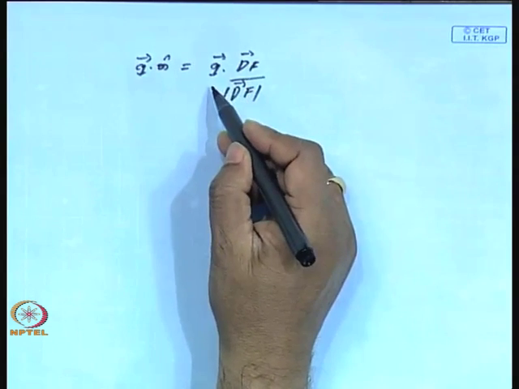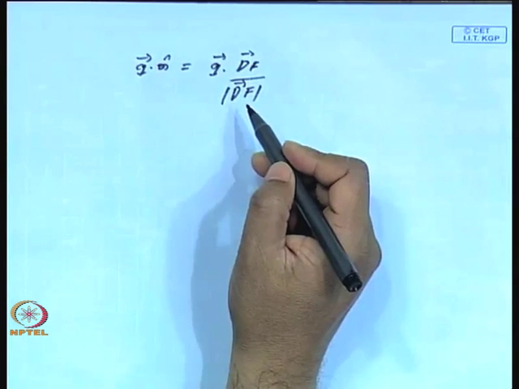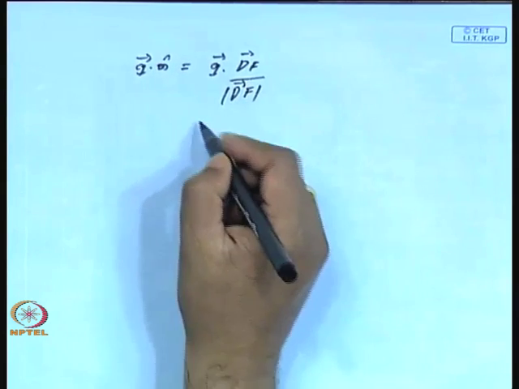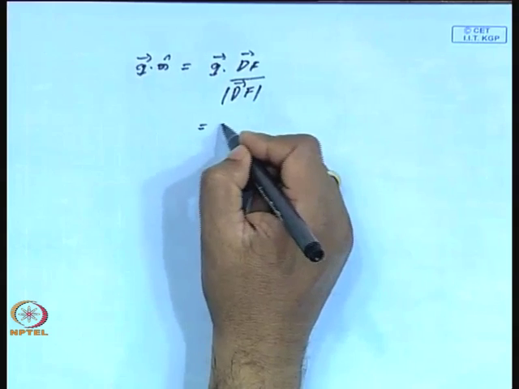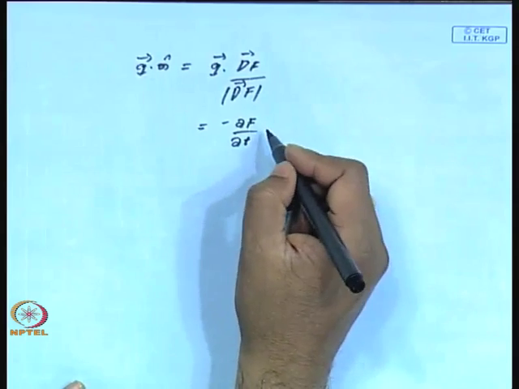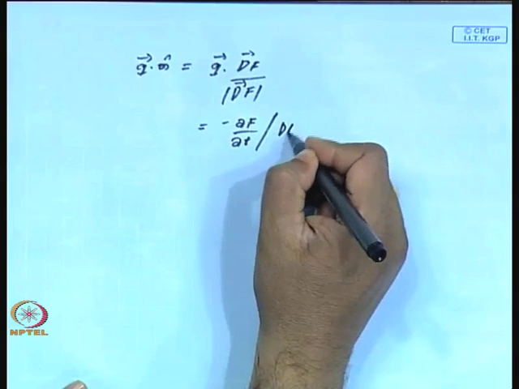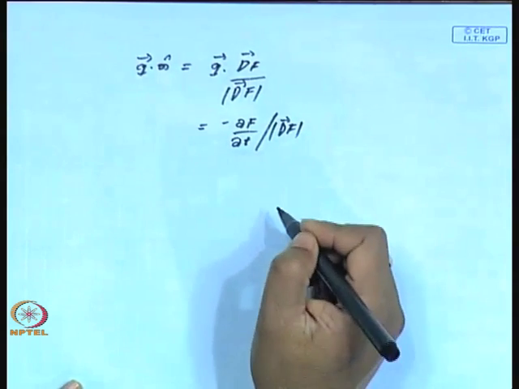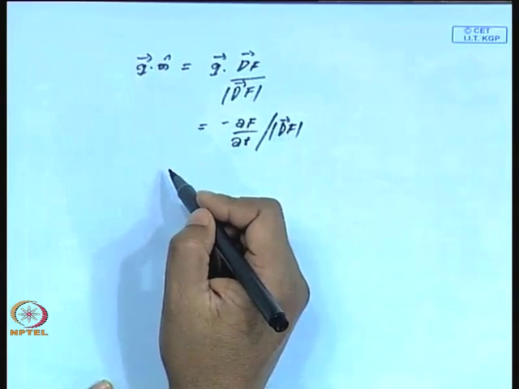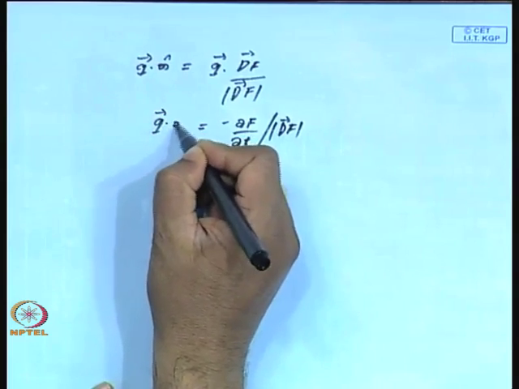And this q dot grad f becomes, because df by dt is 0, q dot grad f becomes minus del f by del t, divided by modulus of grad f. This is your q bar dot n hat.